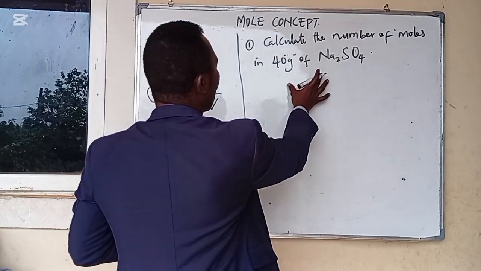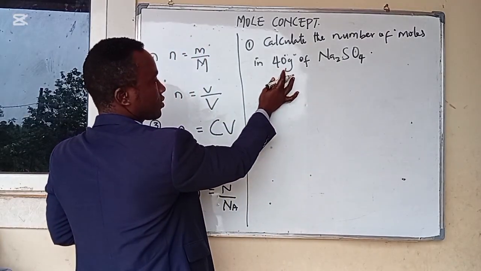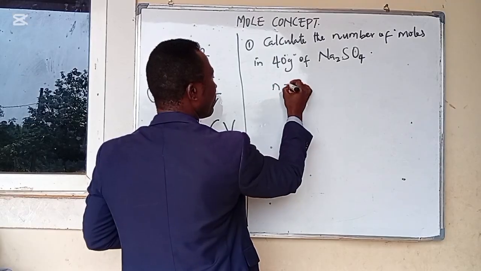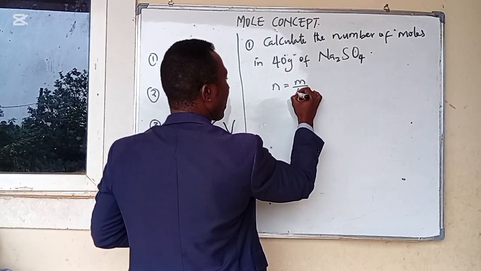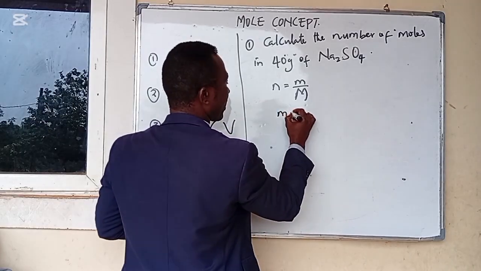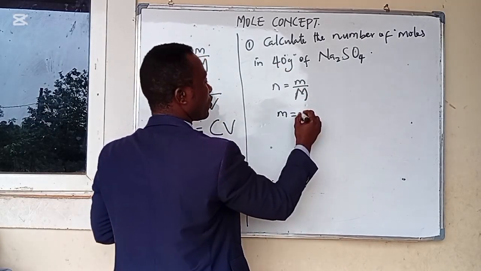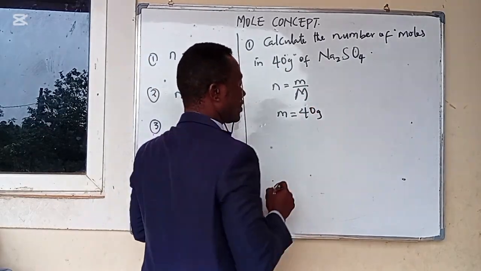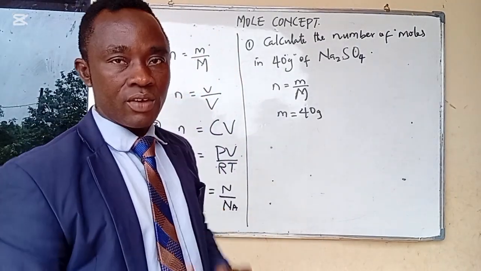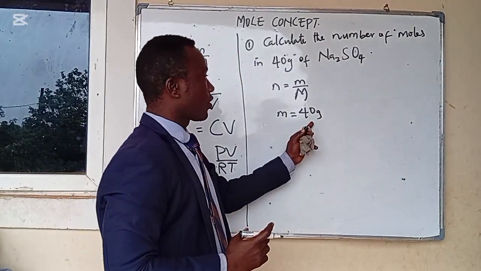Now, if you look, this is the given mass. We can get the molar mass from here. So we can use number of moles is equal to given mass over molar mass, where the given mass, m, is equal to 40 grams. That is the mass they give us in the question, that is why I call it the given mass.